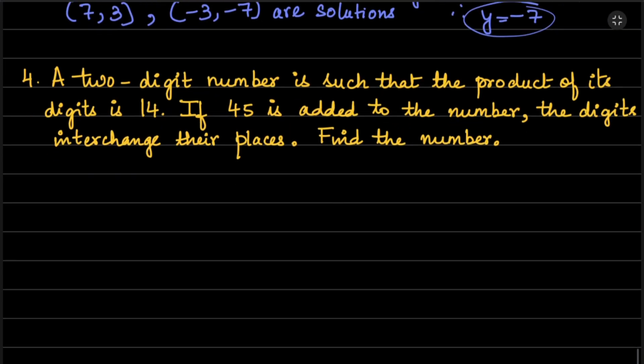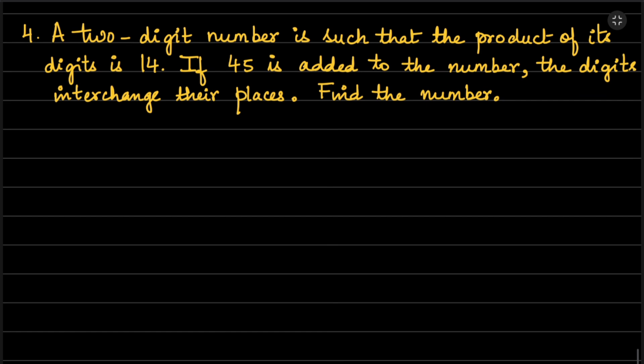Let's do one more question before we wind up. So the fourth question. We did a similar question yesterday also. The question is, a two-digit number is such that the product of its digits is 14. So whenever you are given a two-digit number, write down the two-digit number, say let it be yx.